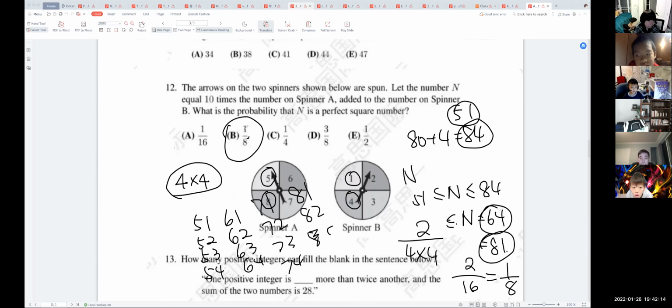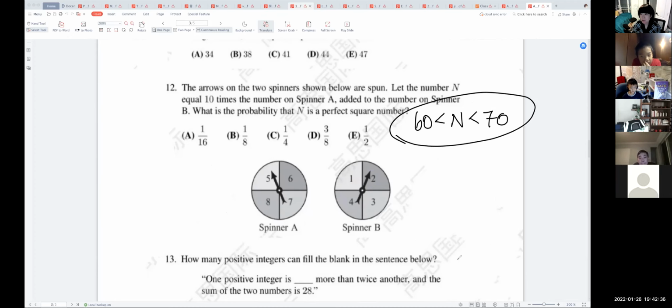Okay, so what if the question is, what is the probability that n is bigger than 60, smaller than 70? Everybody, your turn. Yeah, 我们来做一下。那这个题目下一次肯定不会这么出来，对不对？If you truly understand this one, what is the probability n is bigger than 60 and smaller than 70?